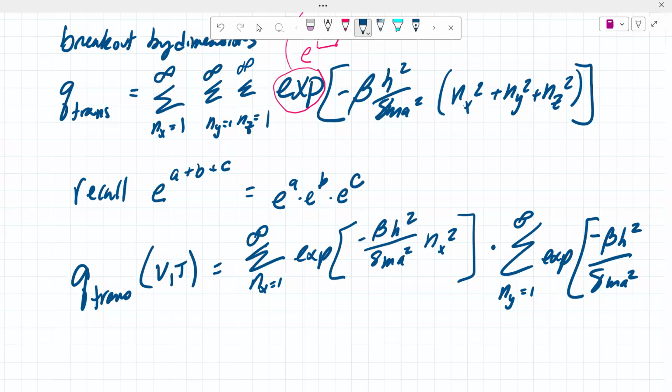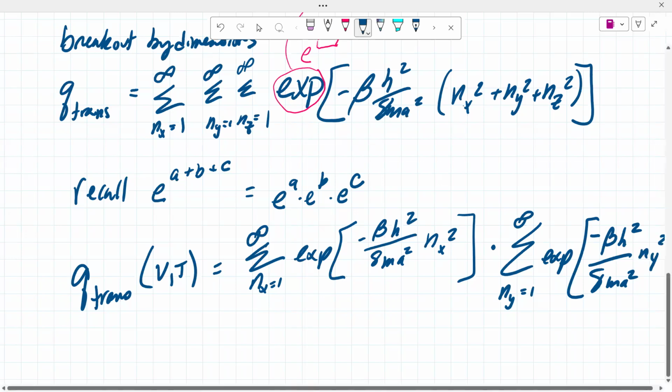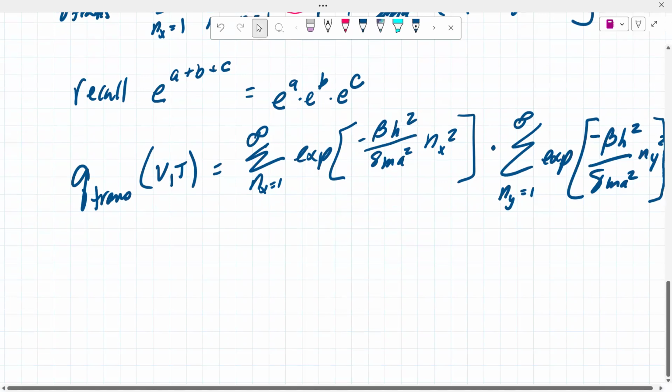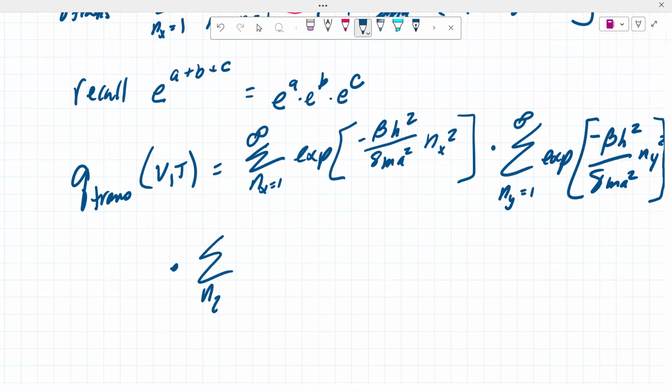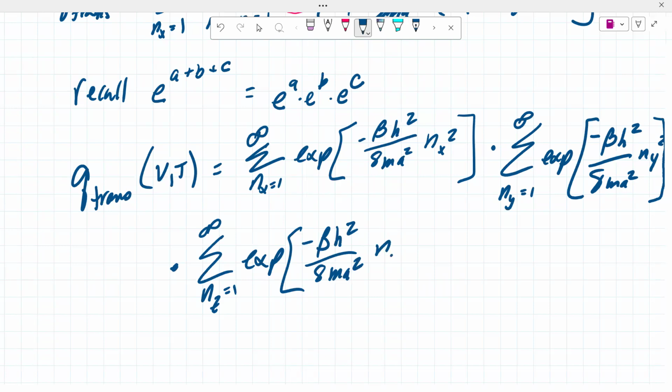Sorry, guys. All right, we're on the edge here. Need more space. Times, and now you can probably guess what this one's going to be. Sum over n sub z starting at 1 and running to infinity, you know about those. Okay, good. Negative beta h squared over 8ma squared times n sub z squared.